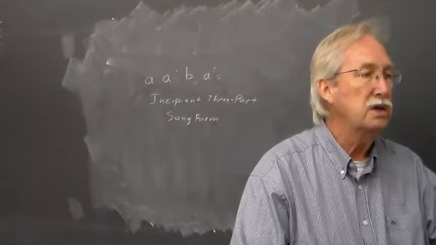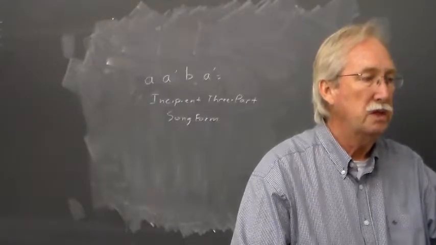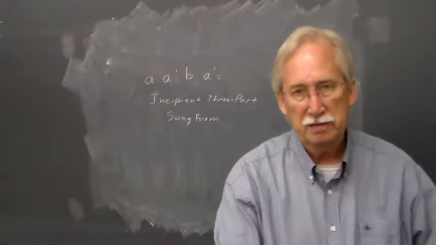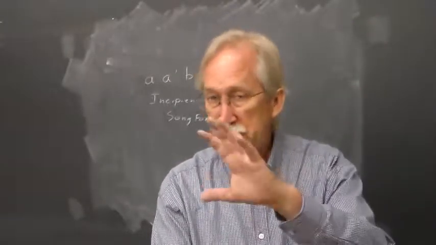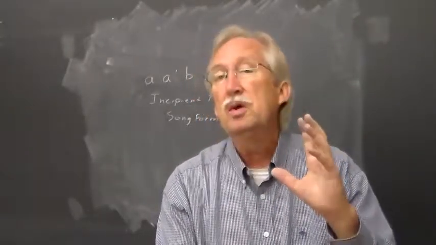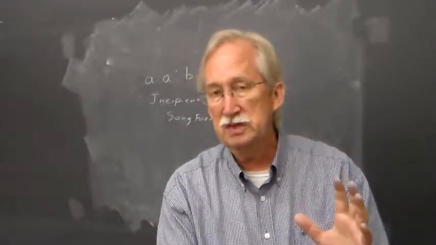But what I want to do now is just play through the B theme, and then I'll call out, you'll hear that key change to D minor when the retransition begins.